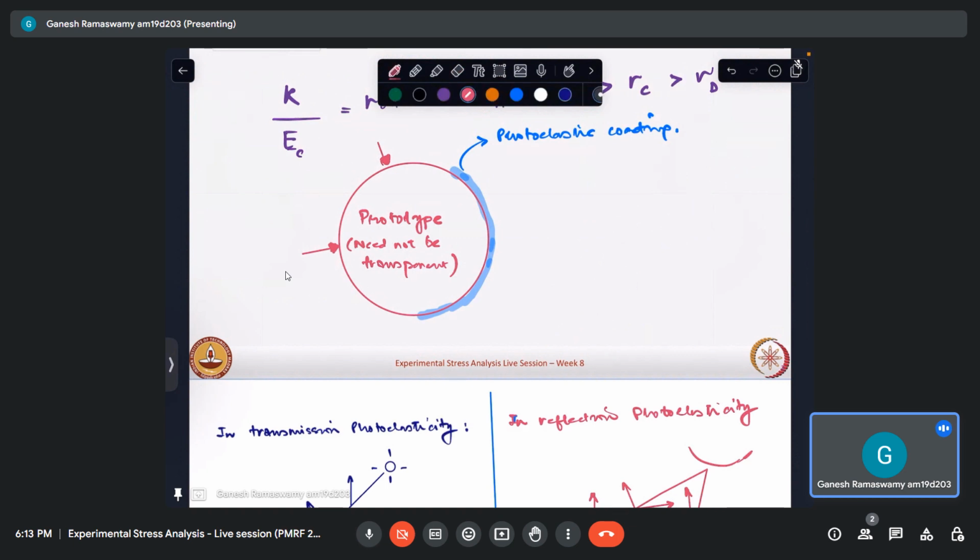So essentially, we will be having the light source that impinges here and then goes back, and this is the observer here.